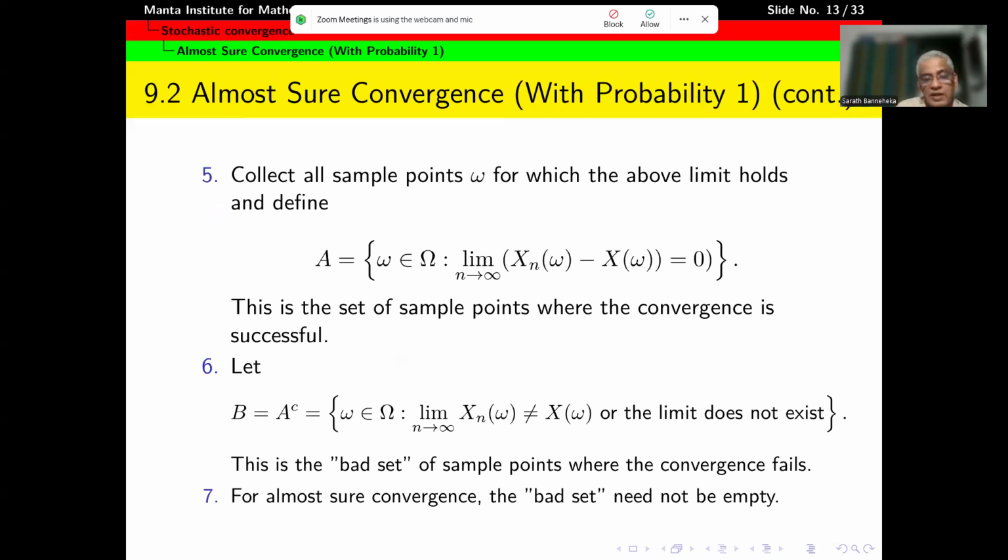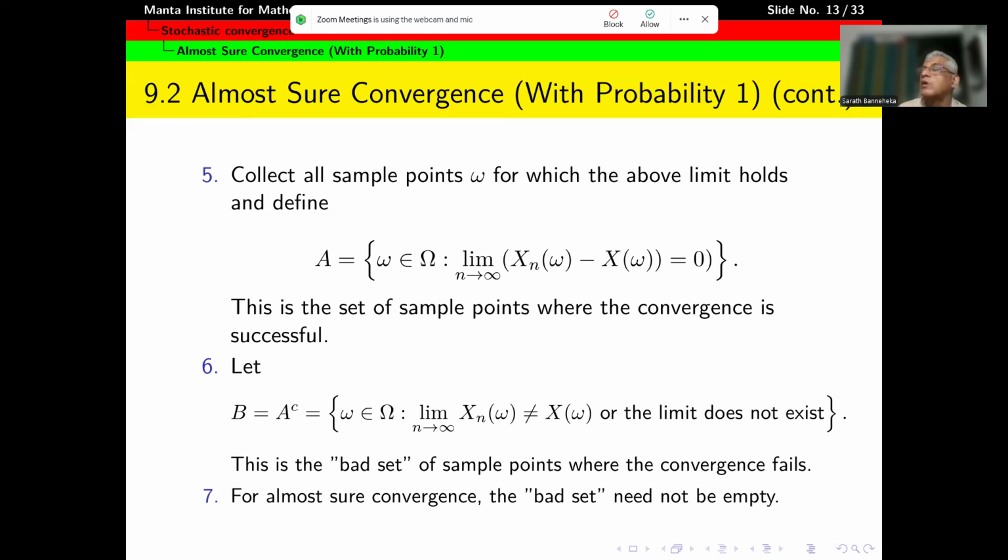Successful. But as I mentioned, there can be another set, a set of omega values where this limit either is not equal to x omega or the limit doesn't exist. Right? So that is a kind of a bad set of sample points or outcomes where the convergence fails. So for almost sure convergence, the bad set need not be empty. It may be non-empty.